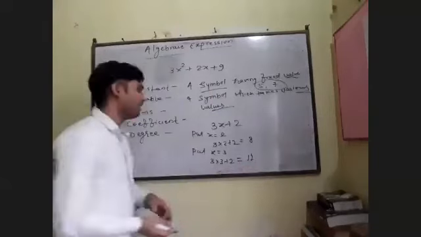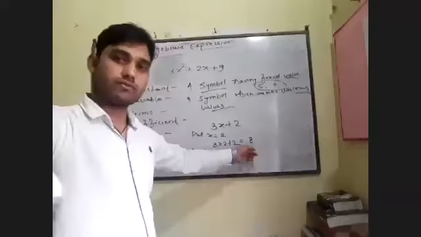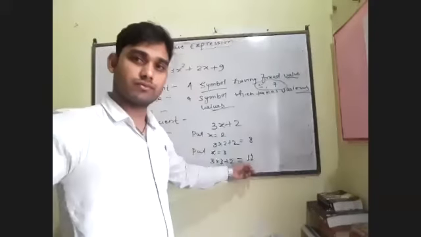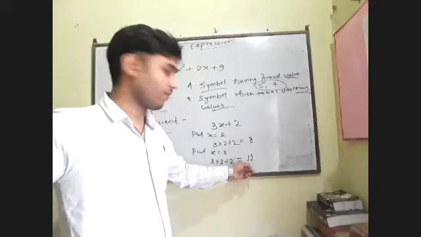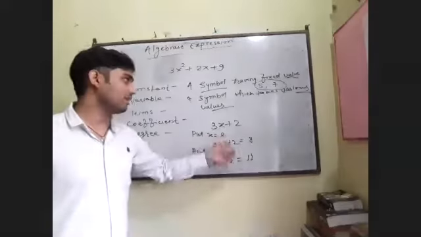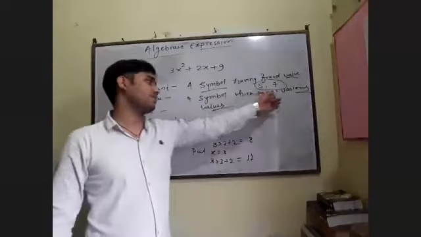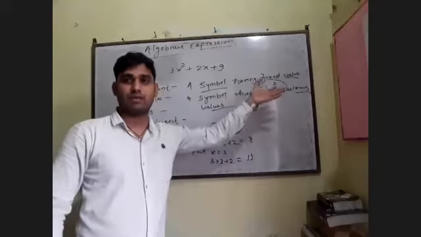So when x is 2, we got 8, but when x is 3, we got 11. We can observe here that it just depends upon the values of x. So it is taking various values. Understood? So a variable is a symbol which can vary its values.